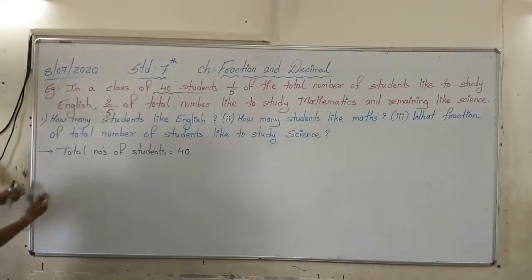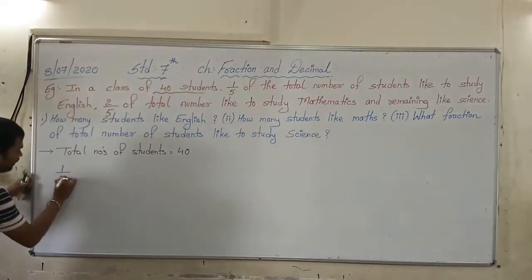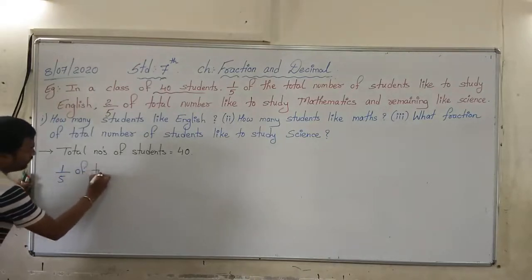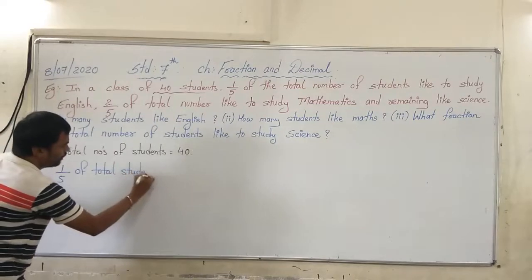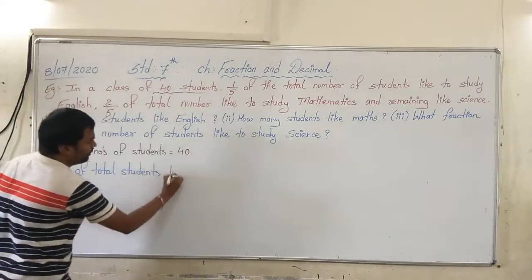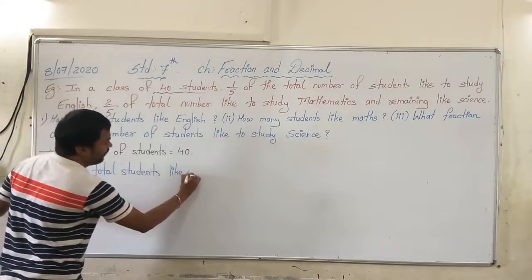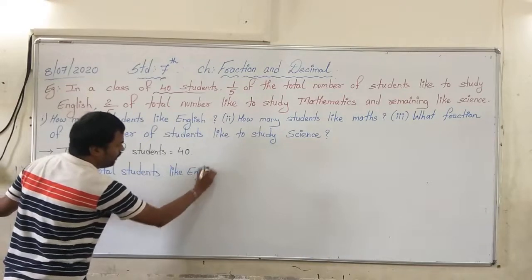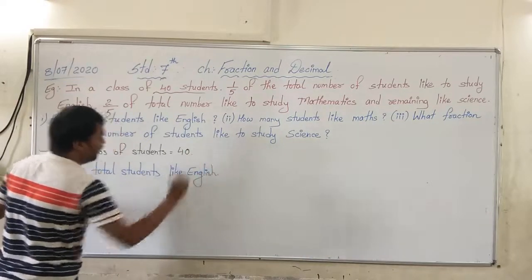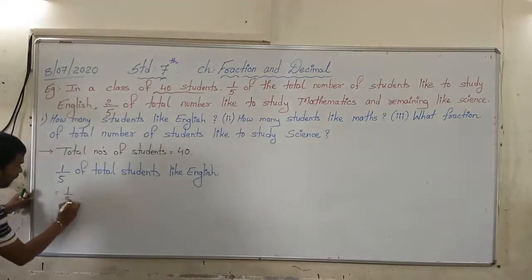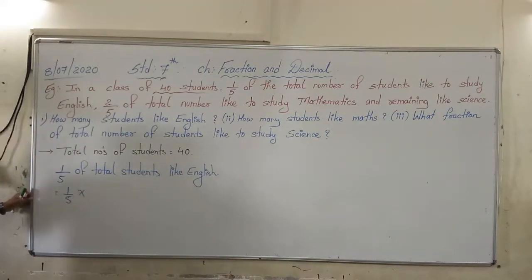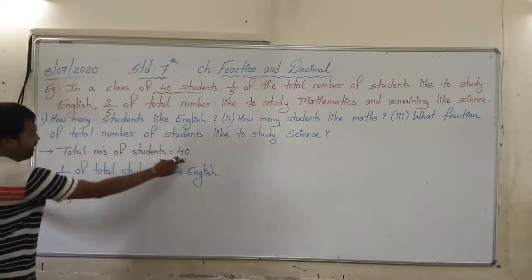What is given to you? 1/5 of total students like English. Right? How many students like English? So 1/5 of total, that is nothing but 1/5 of means multiplication. What is the total number of students? 40.